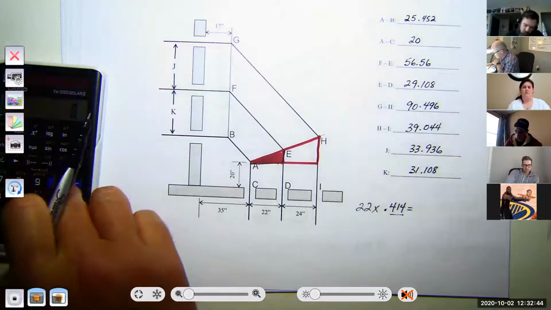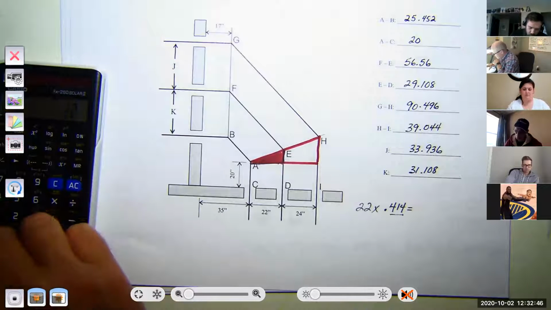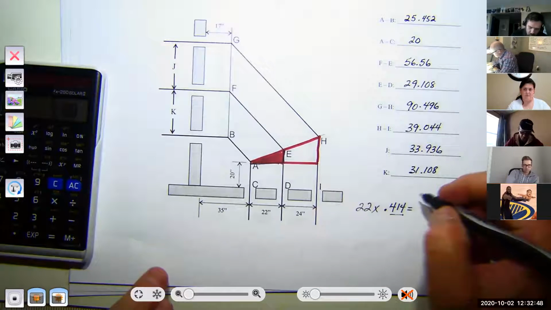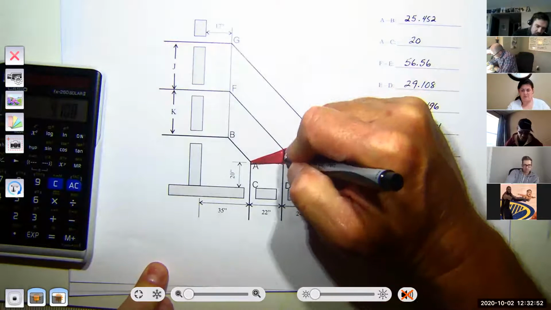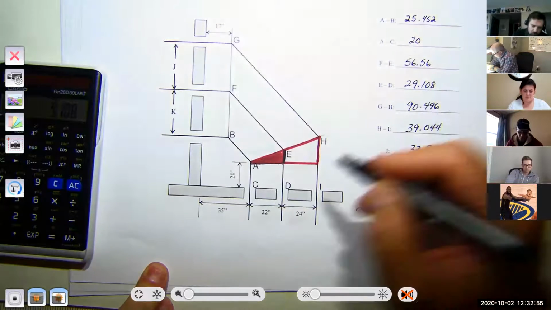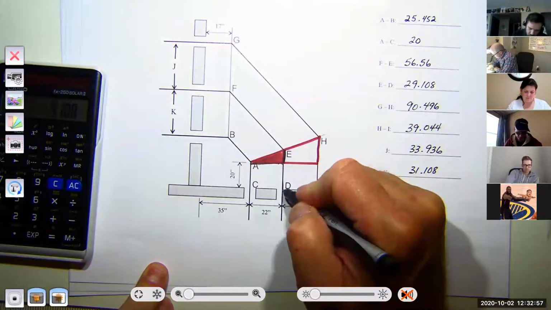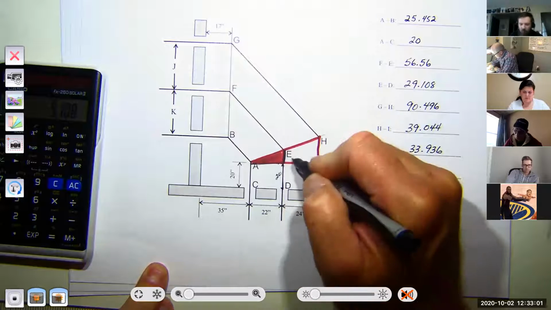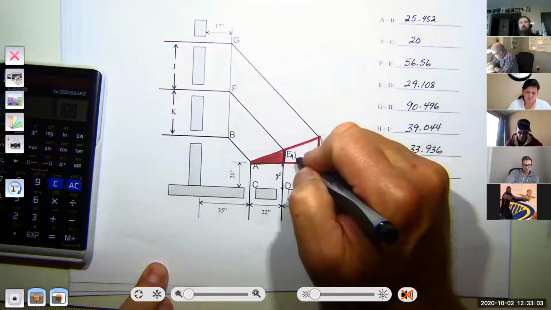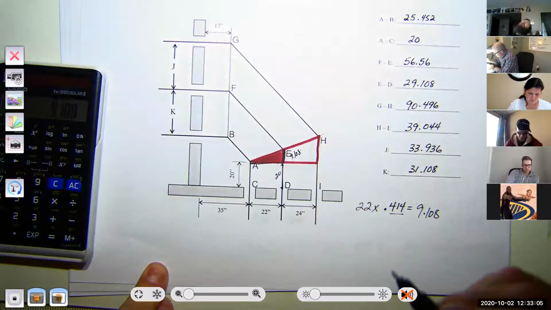So 22 times 0.414 is 9.108. So this line right here is 9.108. This line is 20. This is 9.108. Okay, that makes sense.